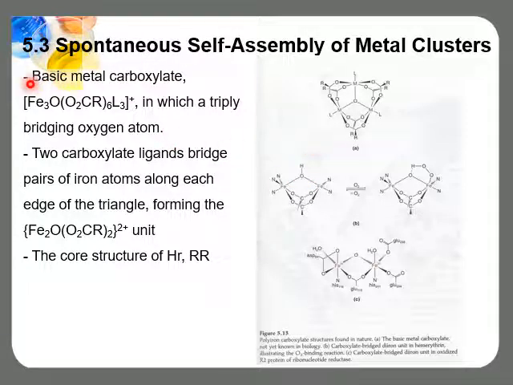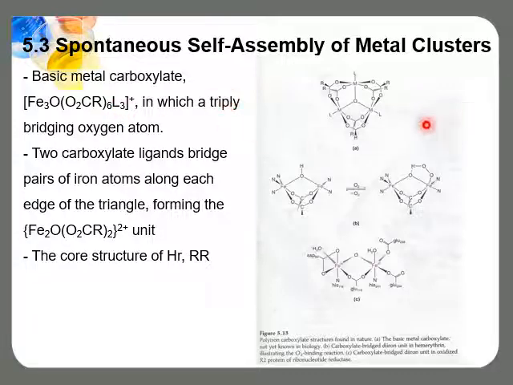So here, basic metal carboxylate. Look here. Here there are three iron cations, and oxygen bridges, and one oxygen bridge, and six carboxylate bridges, and some of the ions are also coordinated to ligands.